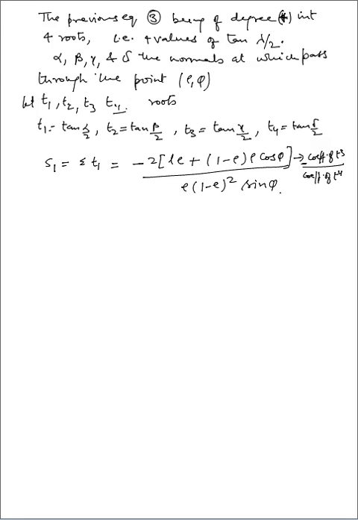Then we take S2, sigma T1 T2. This will be 0 because the coefficient of t square is 0. Then S3 is sigma T1 T2 T3.